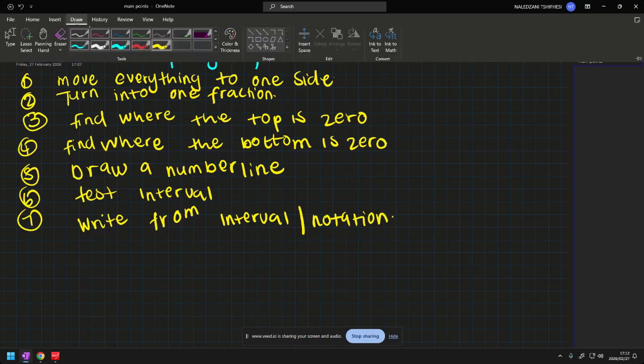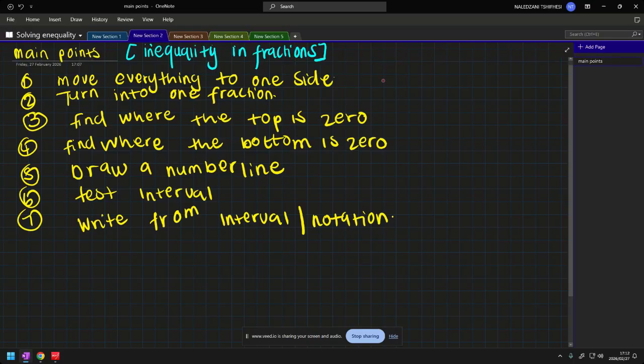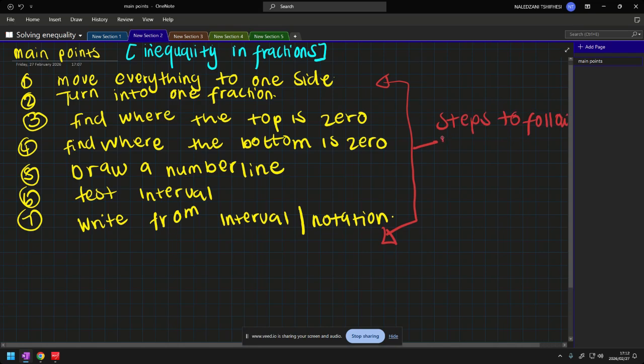So these all are actually the steps that we are going to follow when dealing with inequality.